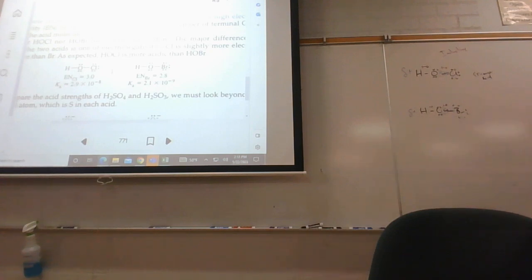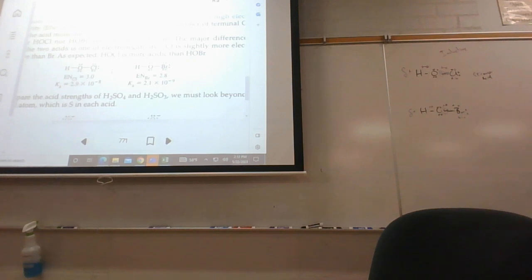Over here, which base is stronger, which base is weaker, and why? If we just look at the oxygen, they're the same, aren't they? However, when we look at what's bonded to it, then it changes things a little bit.